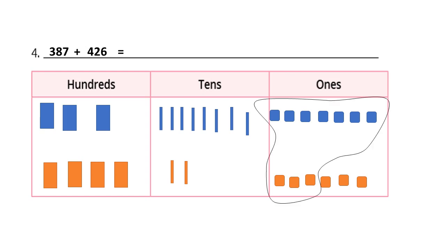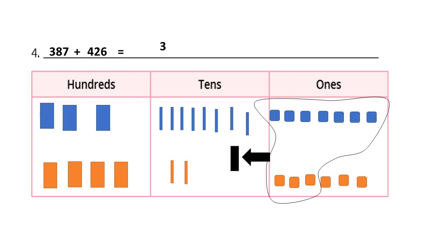Yes, I will take 10 from the ones and put it as 1 in the tens. Now, can you tell me how many are left here in the ones? 3. Super. We will write 3 in the ones.